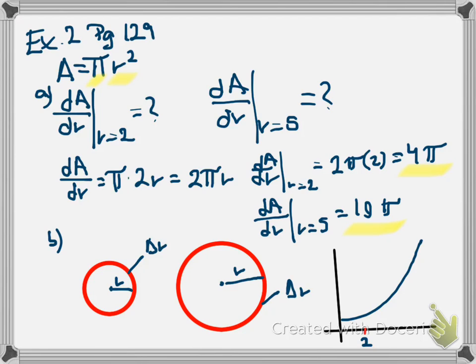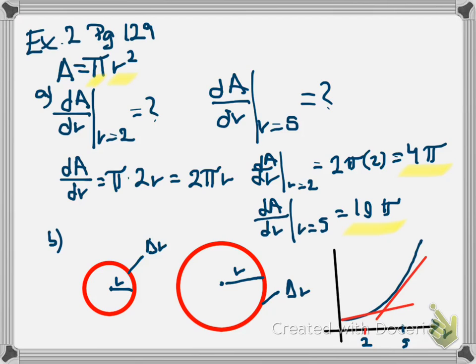This is at 2 and this is at 5, and the slope at 2 is like this, and the slope at 5 is like that. So just by looking at that graph, you can understand that the slope of the tangent line at 2 is smaller, or less steep, than the slope at r equals 5.